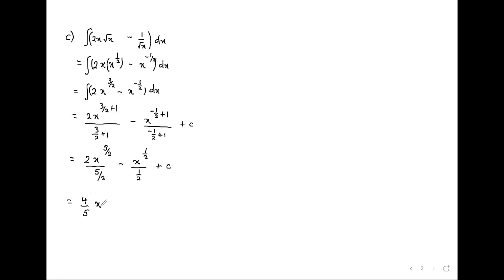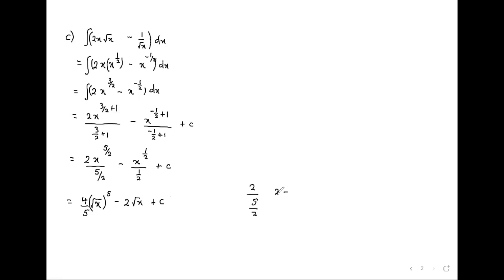Is it positive or negative? The half down is positive. So I can write this in this form: 4/5 x to the power 5/2 minus 2 root x plus c. How does it become 4/5? We have 2 over 5/2.